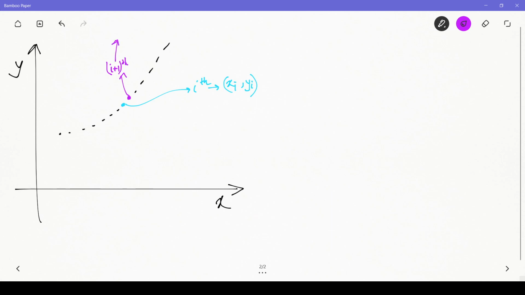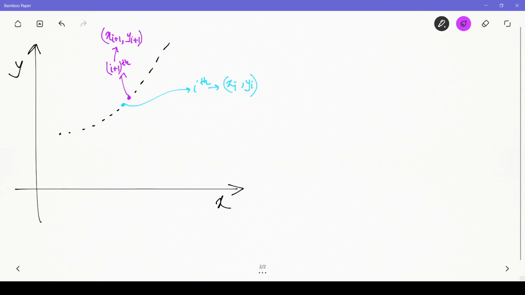We denote it with the coordinate x sub i plus 1 and y sub i plus 1, right?